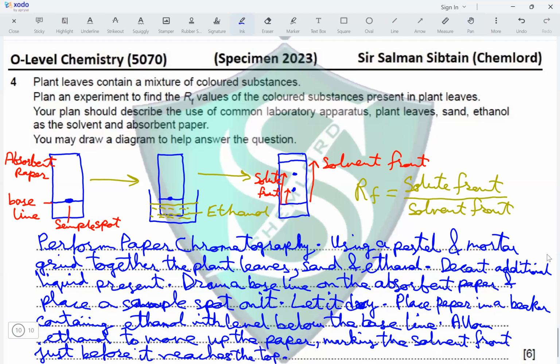So we have mentioned that we mark the solvent front. Now we also have to mention that we need to perform a calculation for the RF value, but we don't have enough space left here. That is why we included the formula of the RF value along with the diagram. So all we need to do here is now mention calculate RF values for each component. And in this way, we have completely written the procedure for performing paper chromatography given the material in this question.